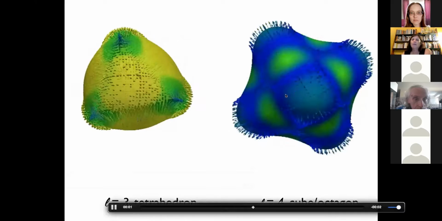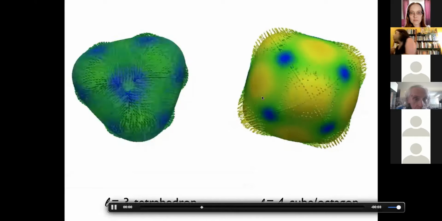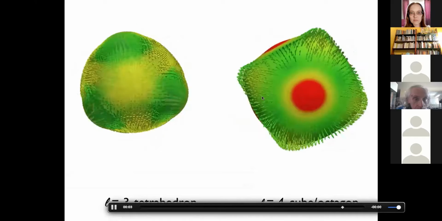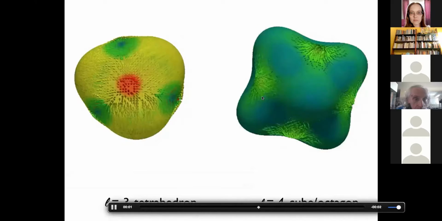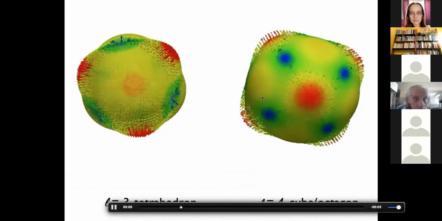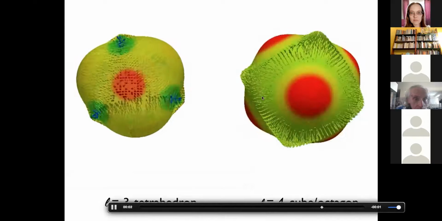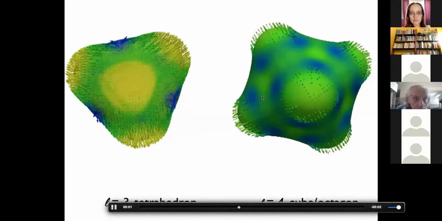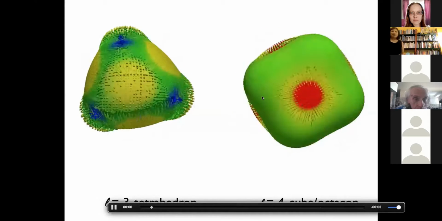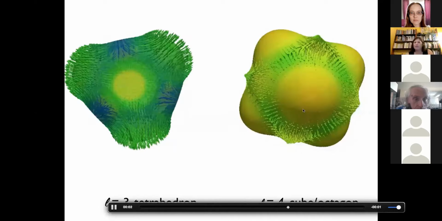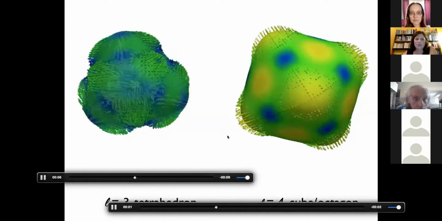And, oh, I have the same problem as my predecessor. So it's oscillating between the cube and the octahedron. So now you have an idea of what that looks like.